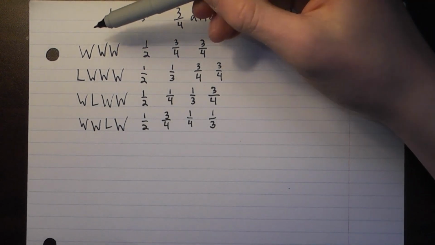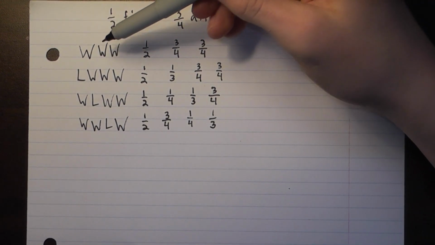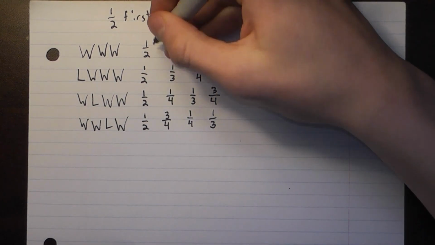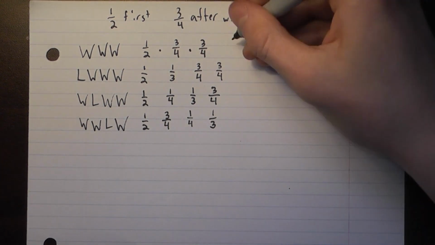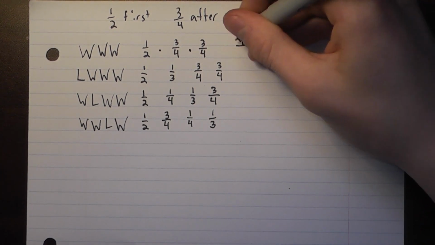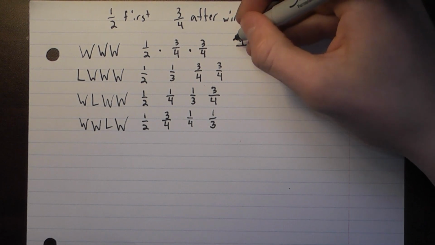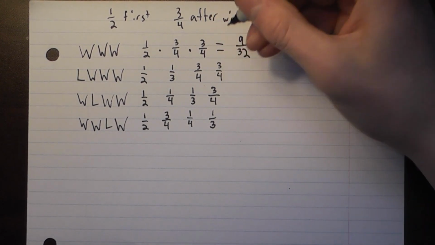So for example, in the first case, she wins this and wins this and wins this. So that means it's this times this times this. Multiplying fractions, you multiply the numerators together. 1 times 3 times 3 is 9. 2 times 4 is 8, times 4 is 32, multiplying the denominators together.